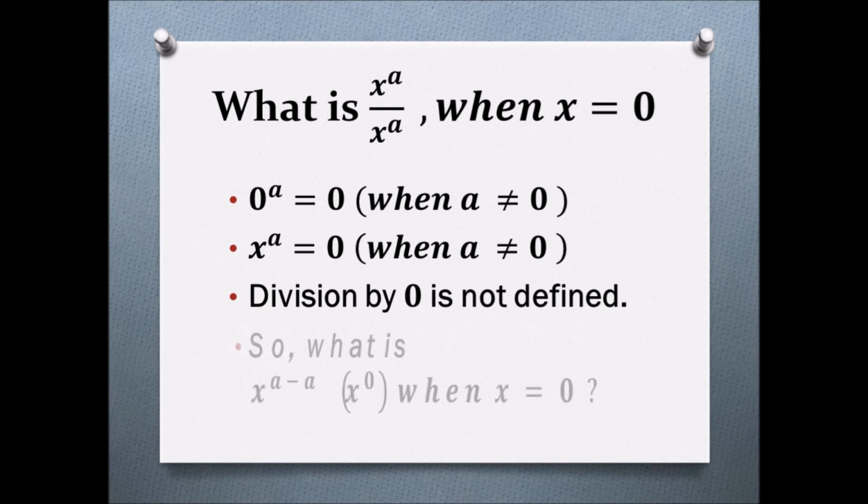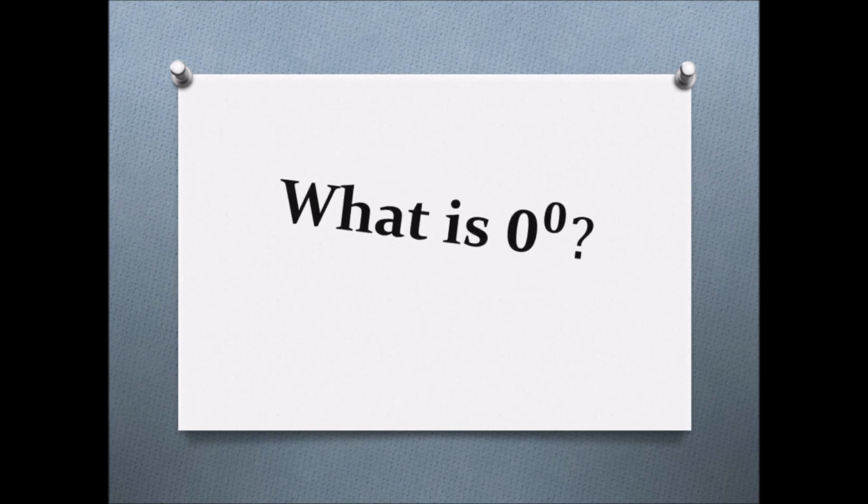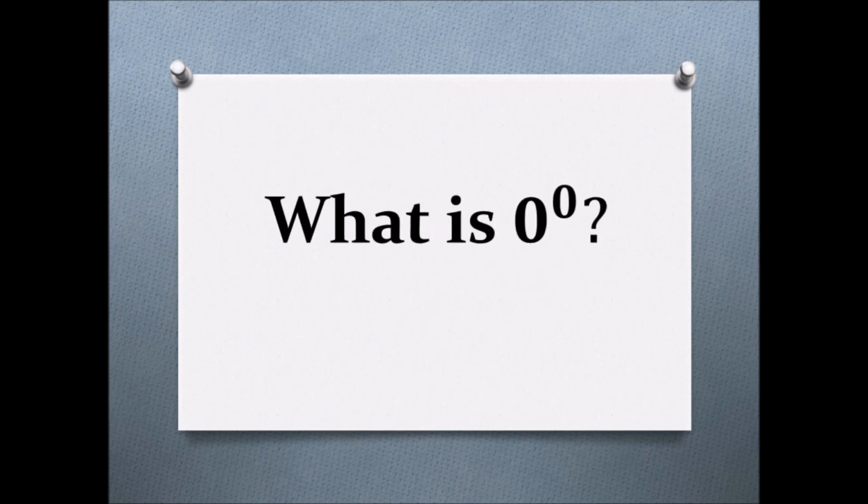Now we ask, what is x raised to a minus a? That is, x raised to a by a is also x raised to a minus a, right? So what is x raised to a minus a or x raised to 0 when x equal to 0? So precisely our question is, what will be 0 raised to 0? Whether it is not defined or whether it is 0 or whether it is 1 or anything.